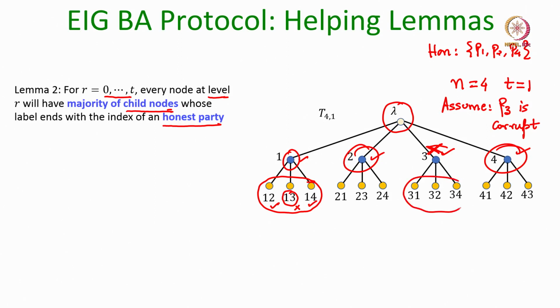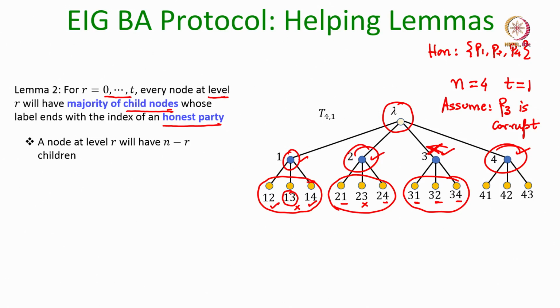You can see here, 1 is honest, 2 is honest and 4 is honest. In fact, all the 3 children end with the index of an honest party. If I focus on these 3 children, then 1 corresponds to the index of an honest party, 4 corresponds to the index of an honest party, and only 3 corresponds to the index of a corrupt party. So, the majority of the children have a label ending with the index of an honest party.